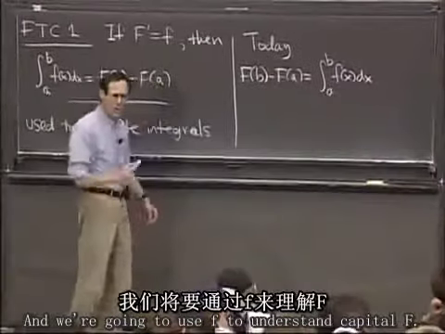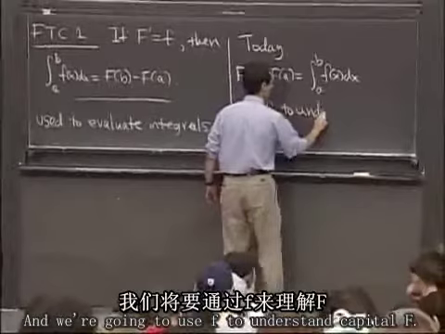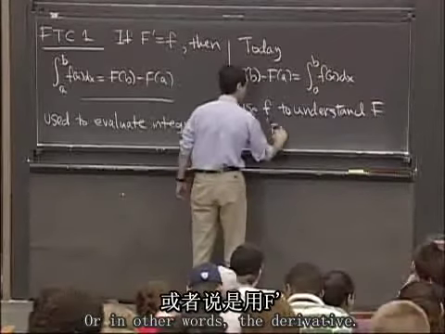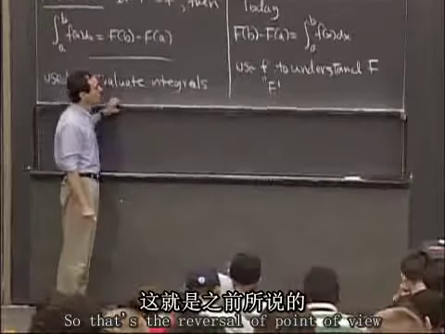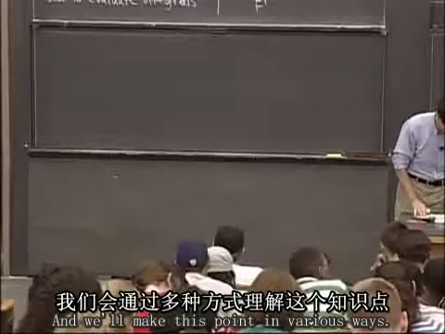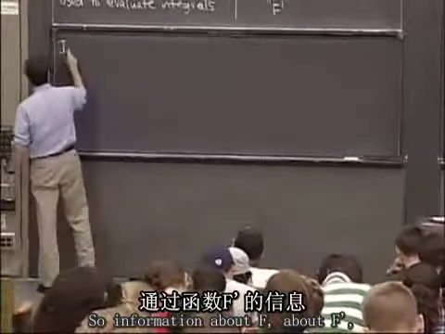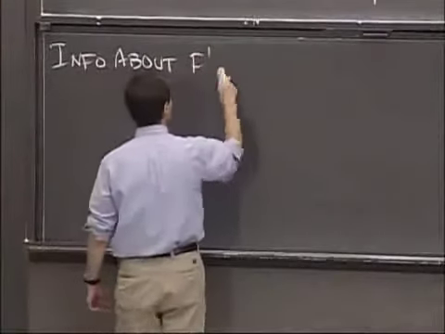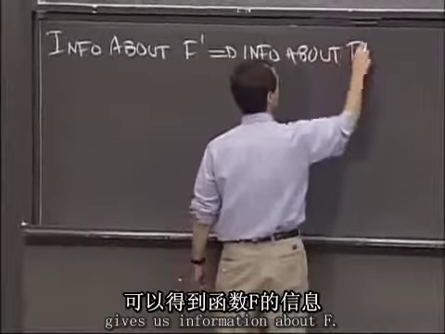And we're going to use f to understand capital F. In other words, the derivative, to understand the function. So that's the reversal of point of view that I'd like to make. And we'll make this point in various ways. So information about f prime gives us information about F.